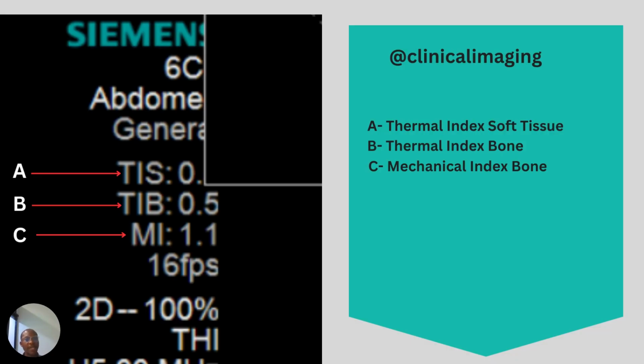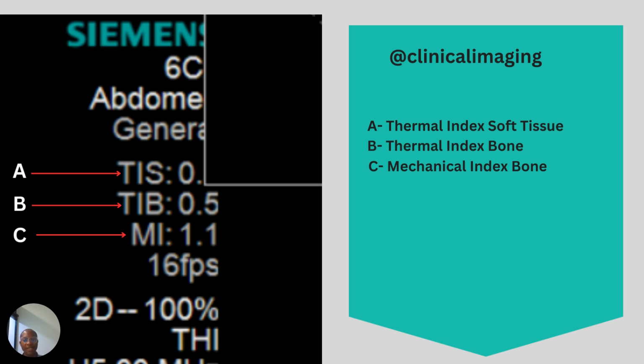So this again is what I showed in the previous tutorial. This is my machine, Siemens. So this is where the TIS, TIB, MI are. TIS is thermal index soft tissue, TIB thermal index bone, MI mechanical index.